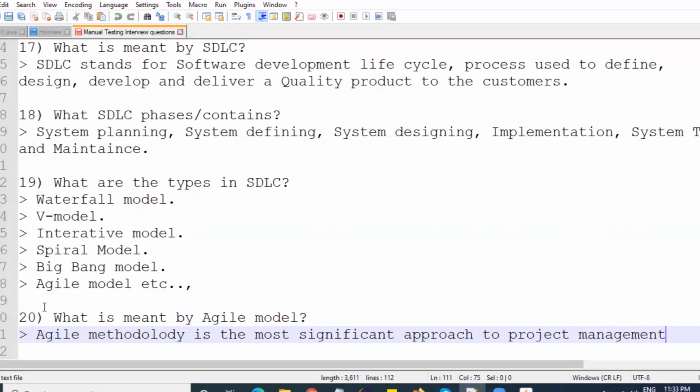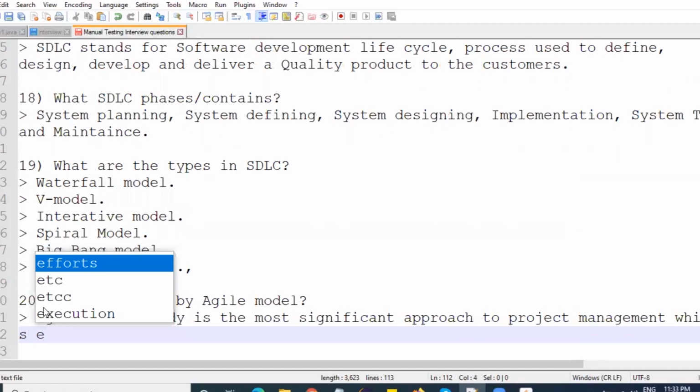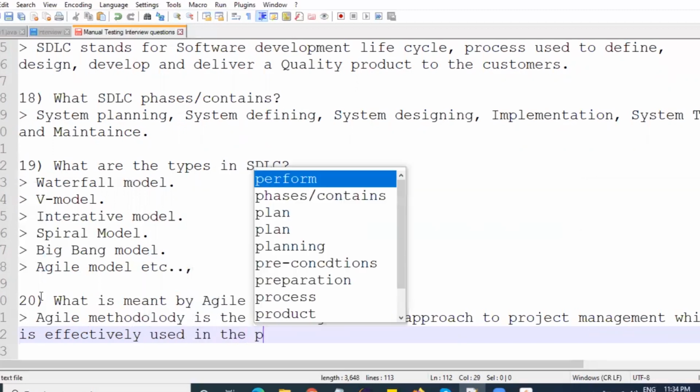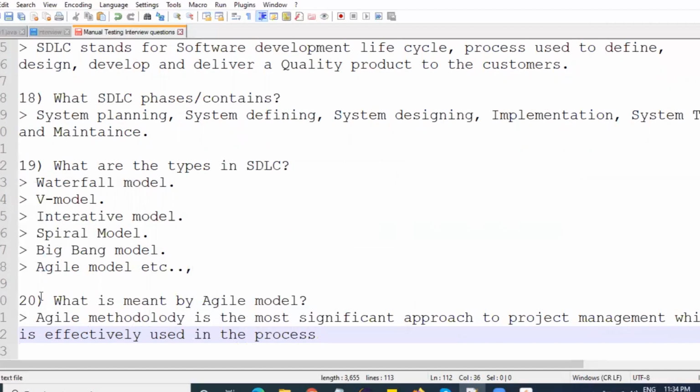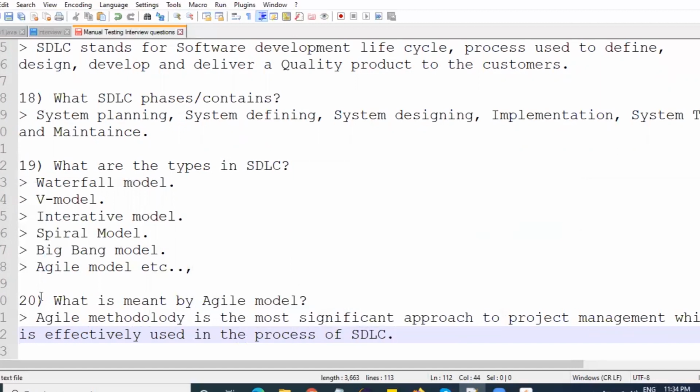It is effectively implemented, used, developed or deployed in the process of SDLC. So I'll write another one.